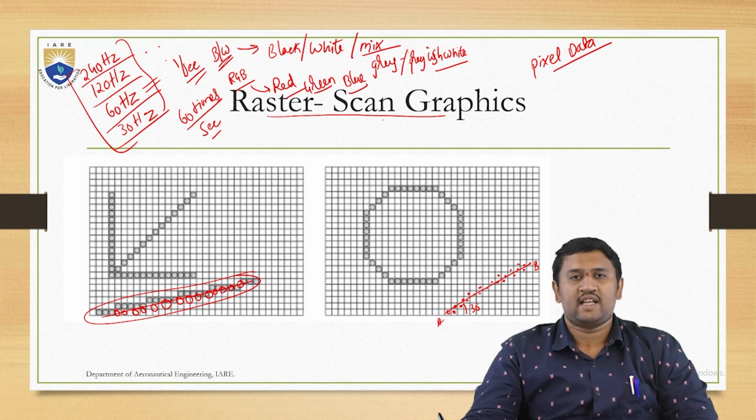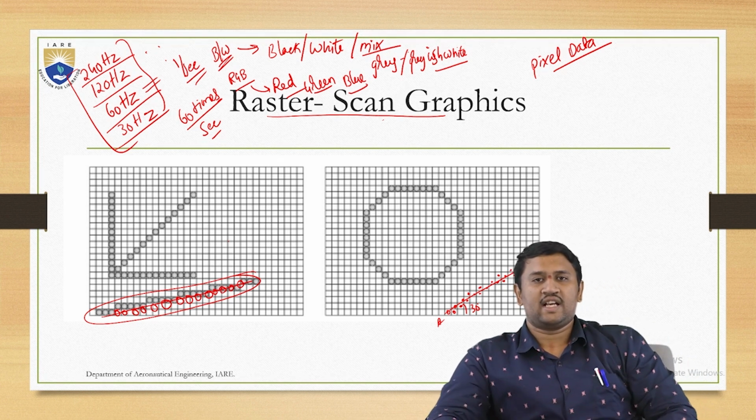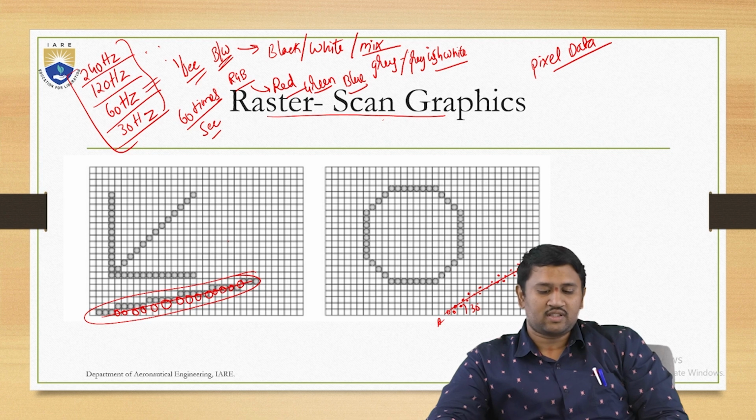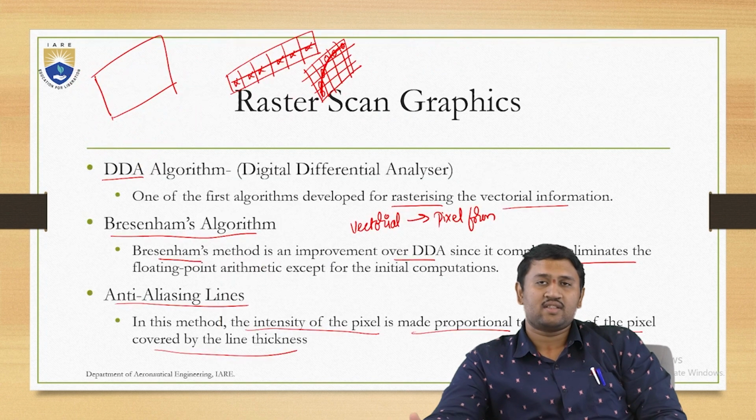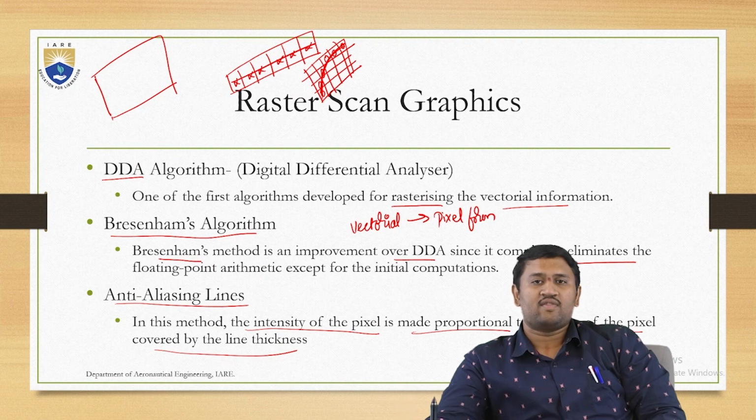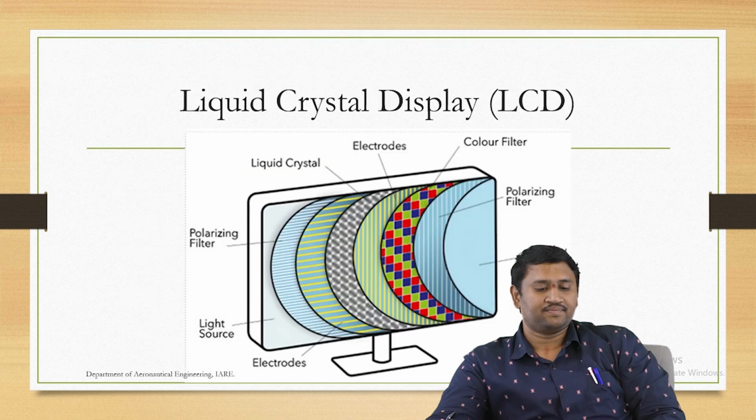We will be increasing the intensity of each pixel to get a line as straight as possible as and when required. Now, as anti-aliasing also requires more computing power, depending on the requirement, we will be using it.